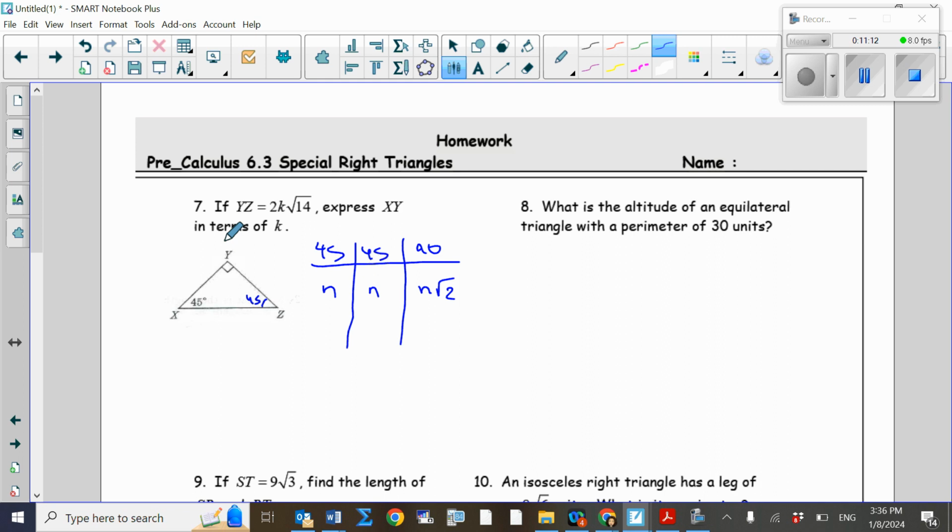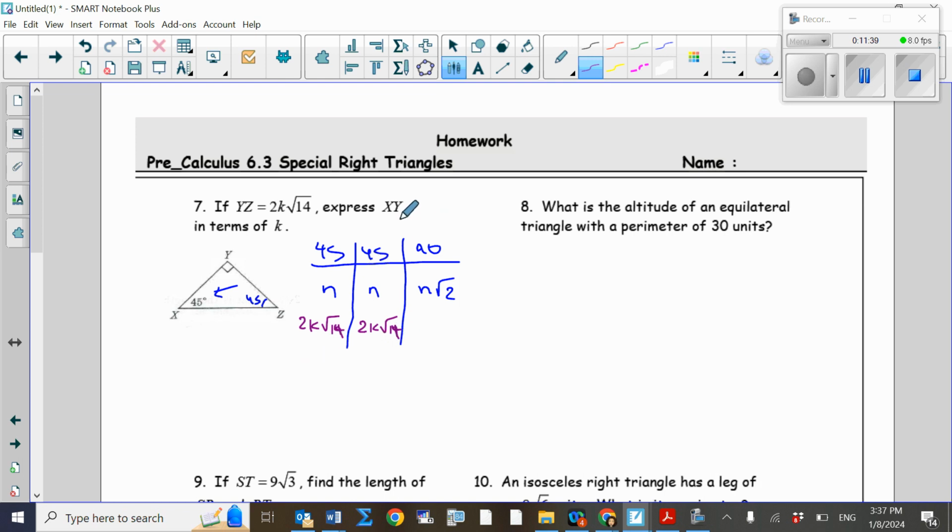Anyway, what is given to us? YZ. That side is given. And that's opposite 45. So this is, I'm going to use another color, 2k root 14. This one is also the same because they're equal to each other. So this is also 2k root 14. What are we looking for?